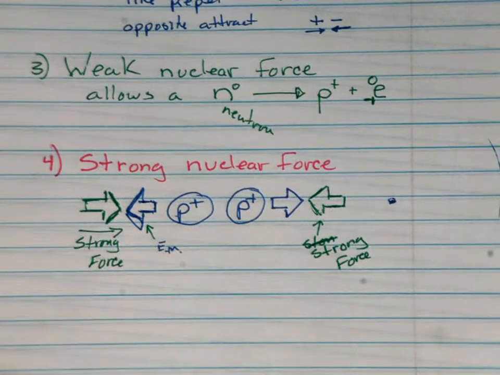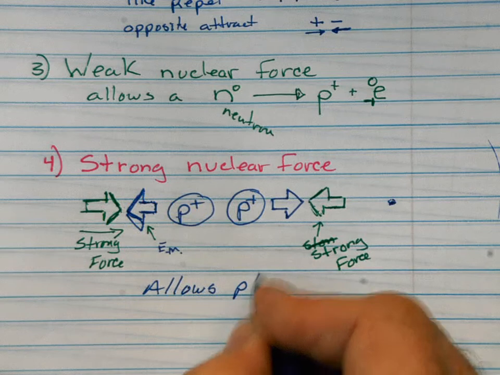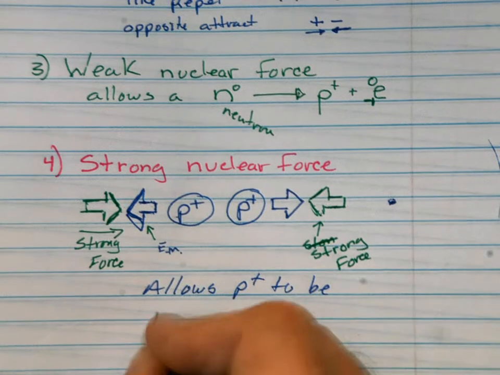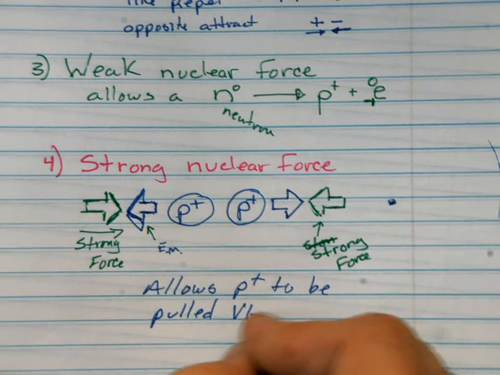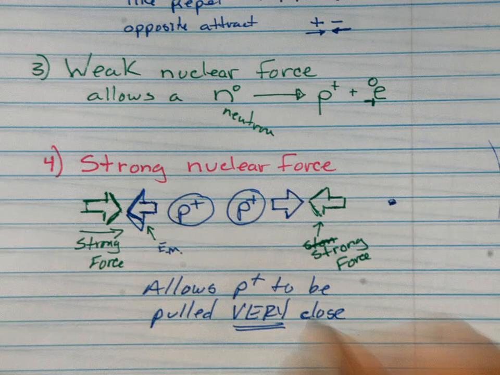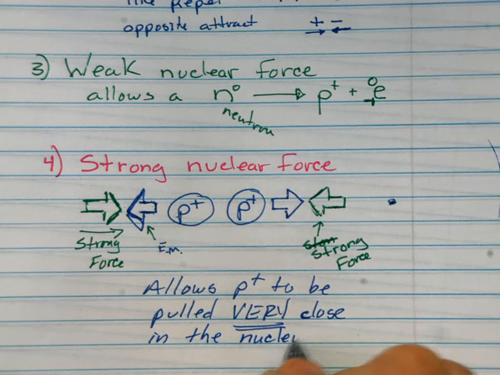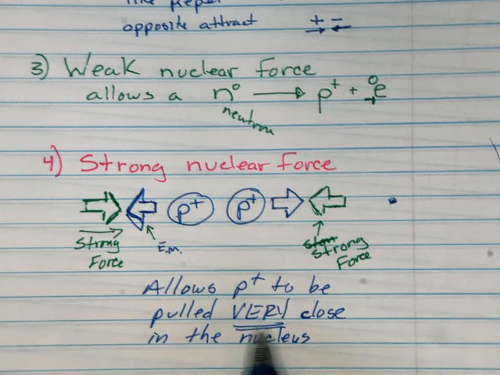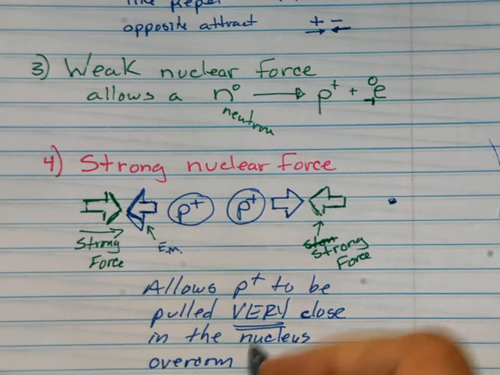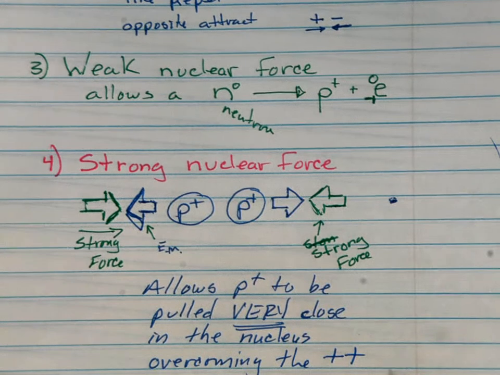The strong nuclear force allows protons, which I'm going to abbreviate with a P plus, to be pulled very close, and let's make very, very big and bold, very close, in the nucleus, overcoming the plus charge repulsion.